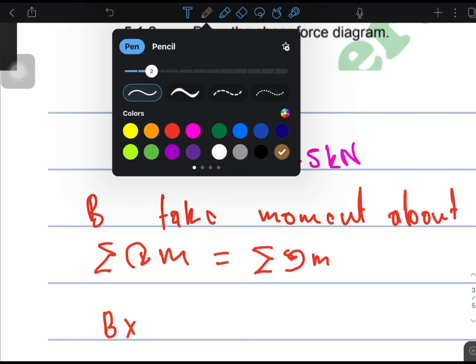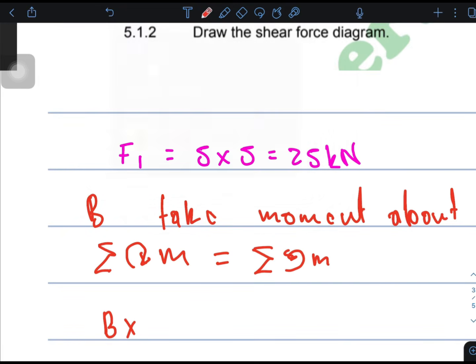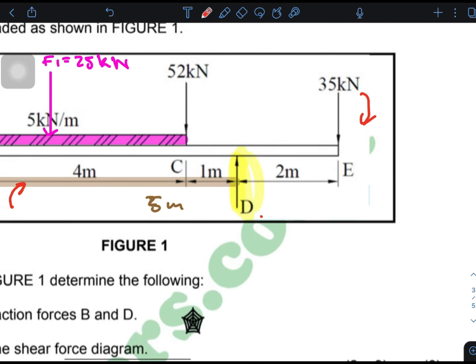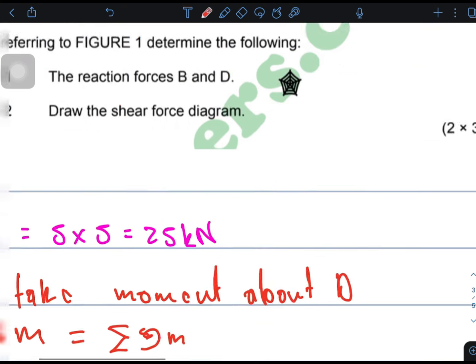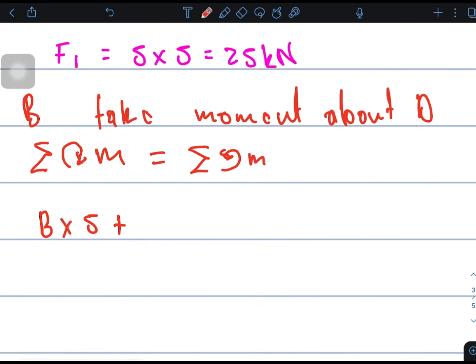So B times 5 plus, what is the other moment? The moment of the 35 kilonewtons. So I ask myself, what is the distance from the turning point to the line of action of the 35 kilonewton force? That distance is 2 meters, plus 35 times 2 equals to.